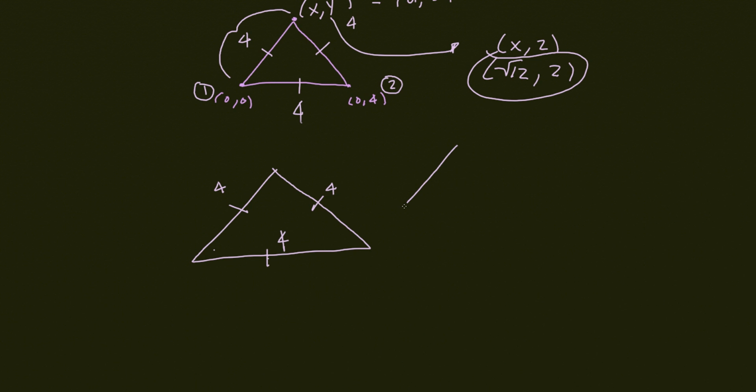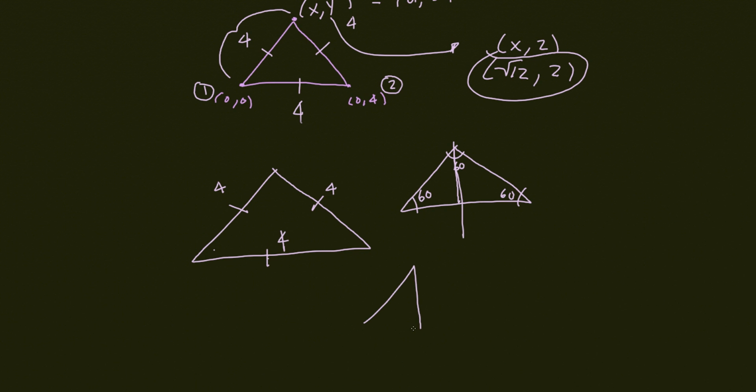I know that for an equilateral triangle, they all have the same angle, 60, 60, 60, right? So if I split down in the middle, what do I get?